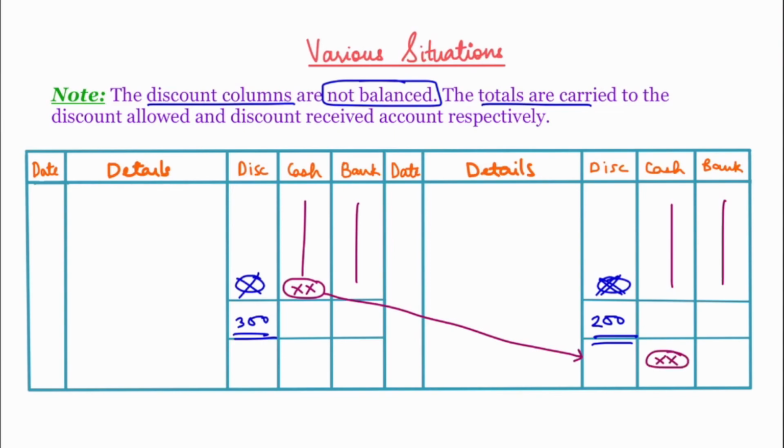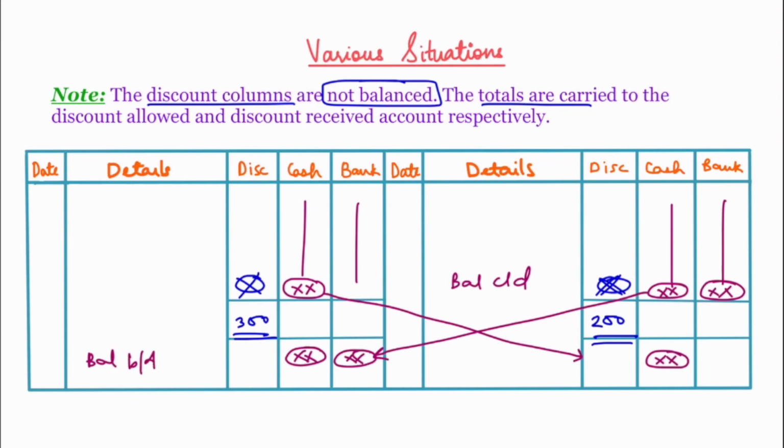And if in case the balancing is over here or here, then it will be taken to the opposite side, as balance carried down, and here balance brought down. Same over here and here, as we saw before. And that is all for the 3-column cash book. But do remember this important point of discount.